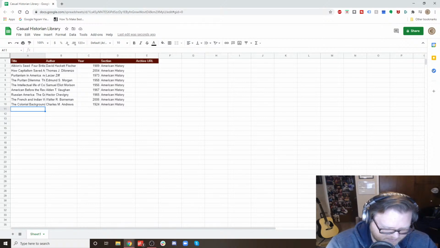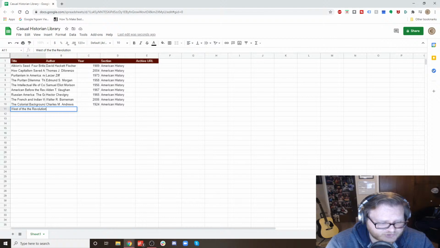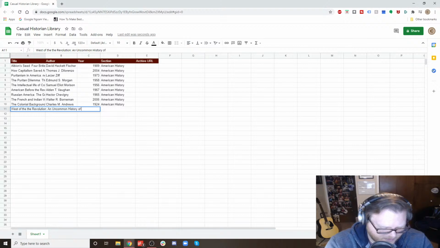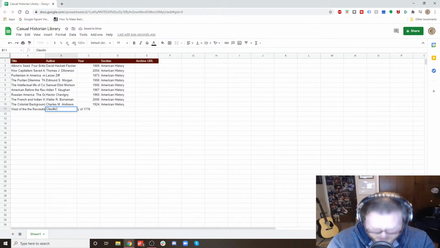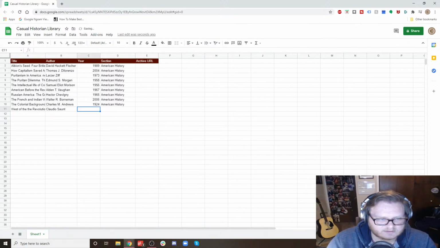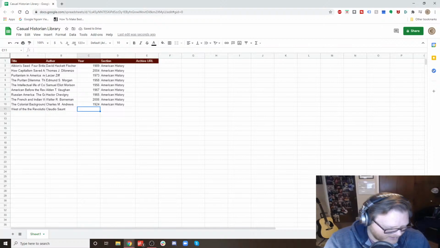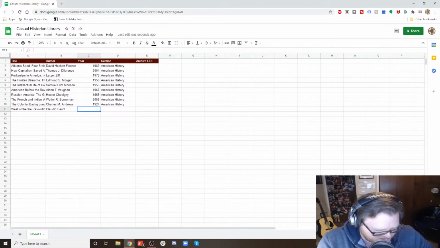Next one, West of the Revolution: An Uncommon History of 1776, by Claudio Saunt. I think this is a newer book, within the last five or six years, which is considered new in the world of history.